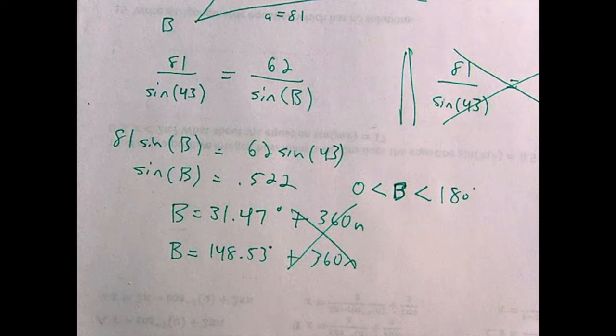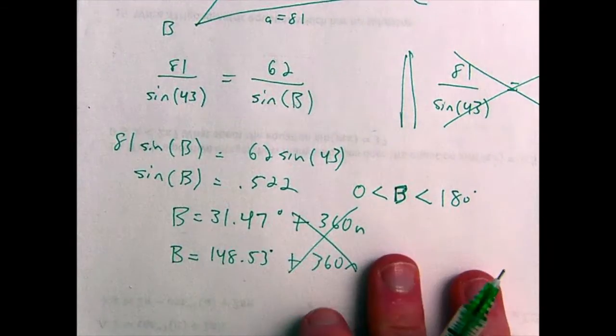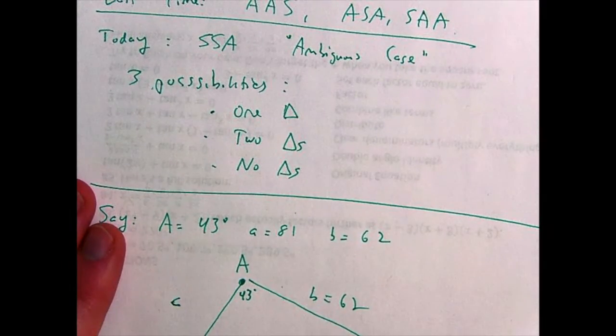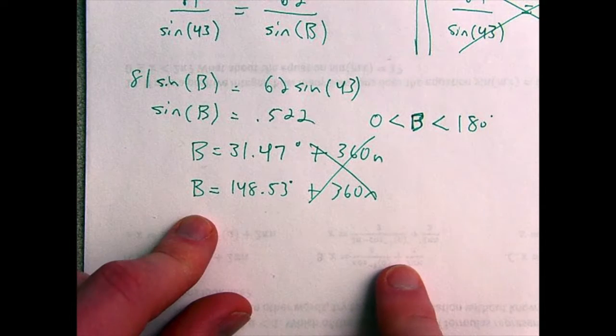Now, even forgetting about the plus 360n, we actually still have two different base solutions. What's up with that? This is really what explains the fact that it's possible to have one triangle or two triangles.